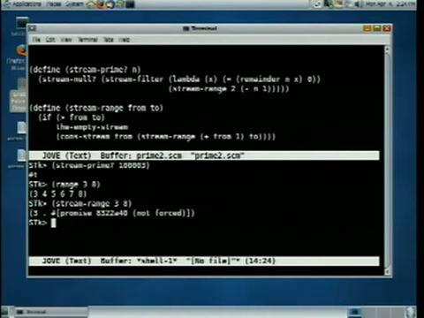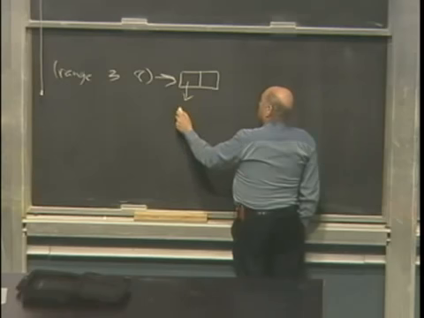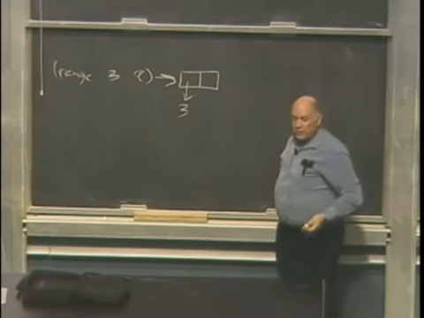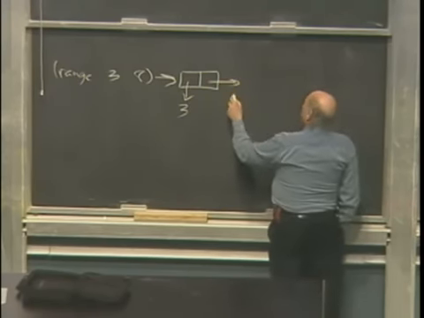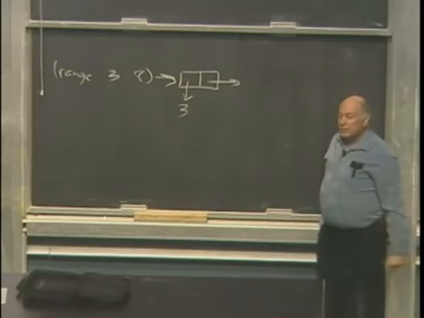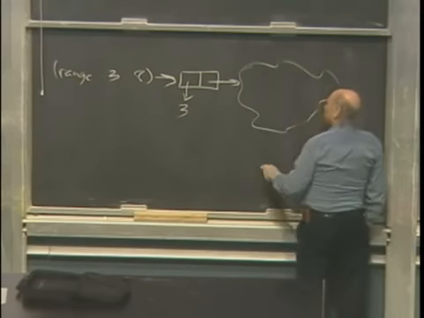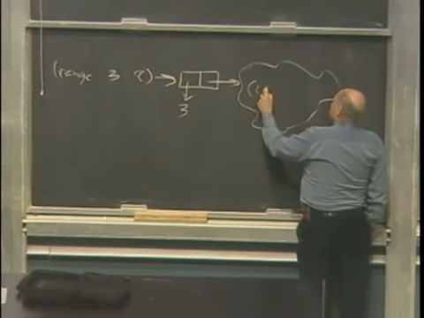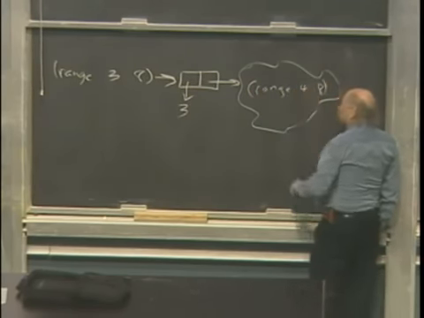Range from 3 to 8 gives me a pair whose car is 3. So far, just like a list. And then, where the next pair of the spine of the list should be, is a promise to compute the range from 4 to 8 later on.